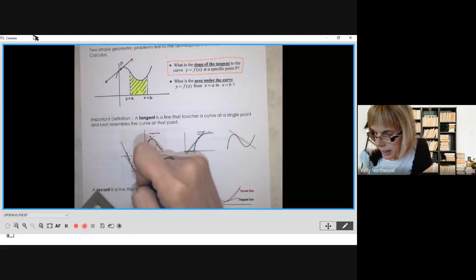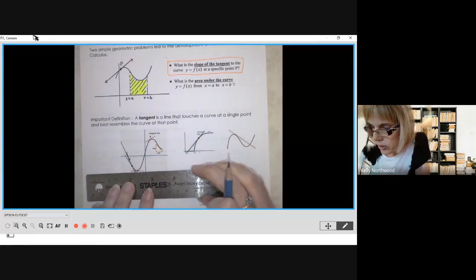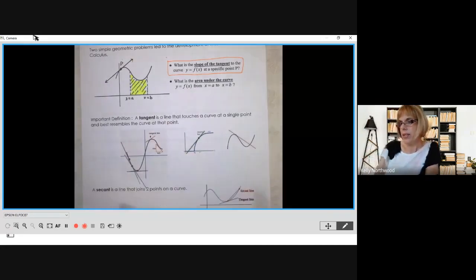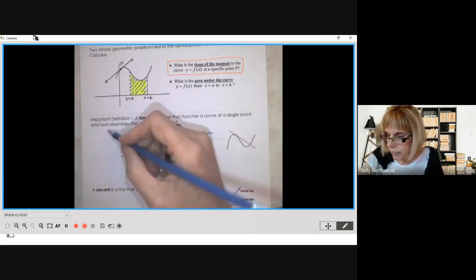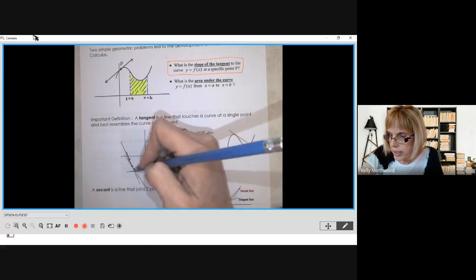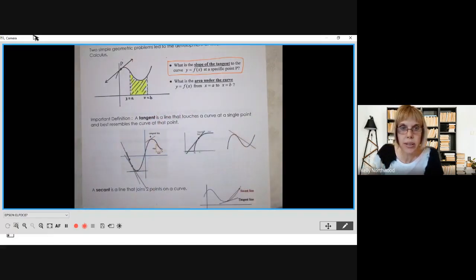And I would keep getting less and less steep until it makes sense at this minimum here to have a horizontal tangent, or a slope of a tangent that would be 0. And then also you can see in this example that here the tangents are all decreasing until we get to this minimum where we have a slope of a tangent at 0, or they're negative slopes if you think of it that way. All right.